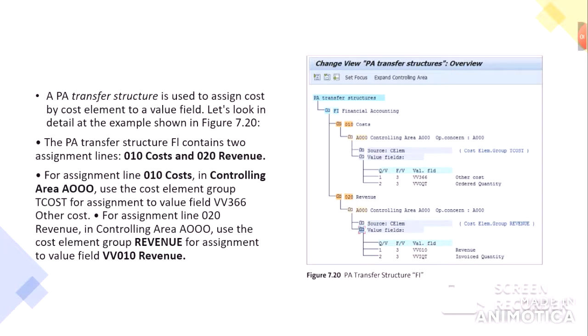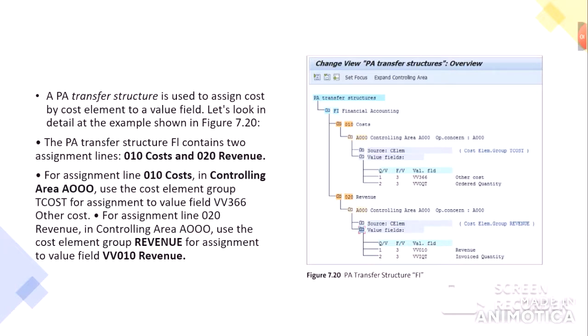The PA transfer structure FI contains two assignment lines, 010 costs and 020 revenue. For assignment line 010 costs in controlling area A000, use the cost element group T costs for assignment to value field VV366, other costs.